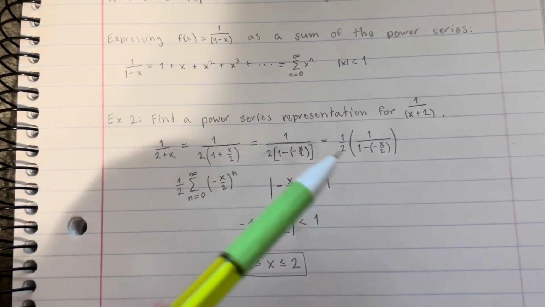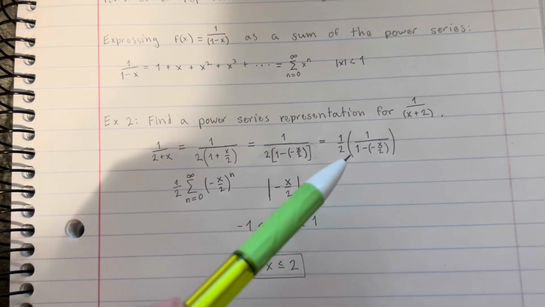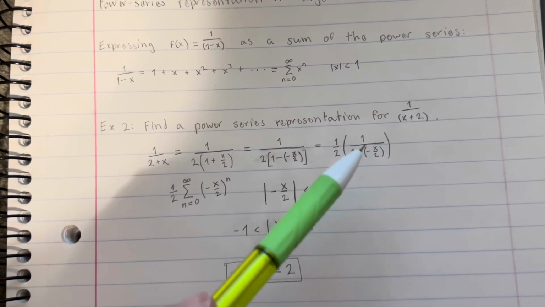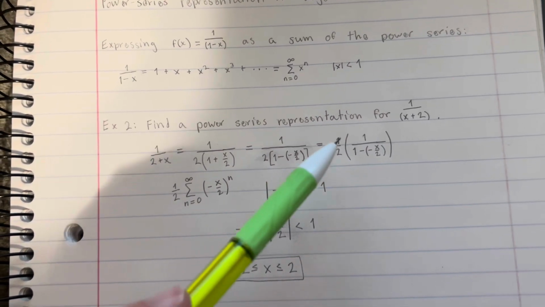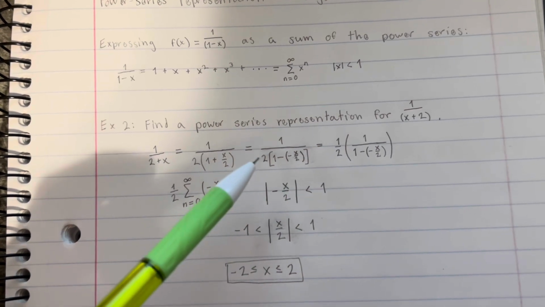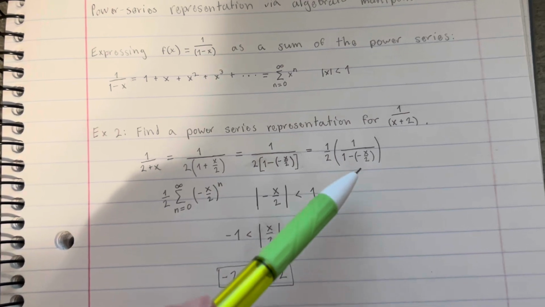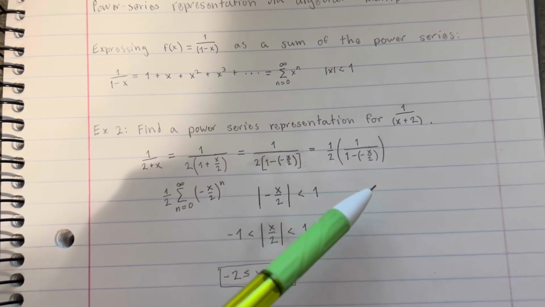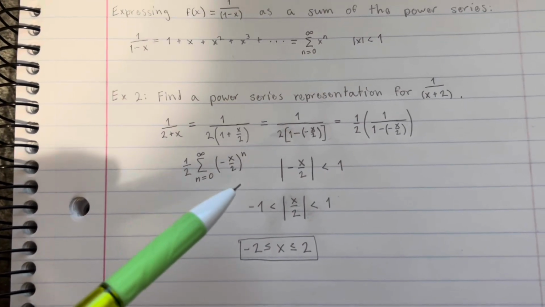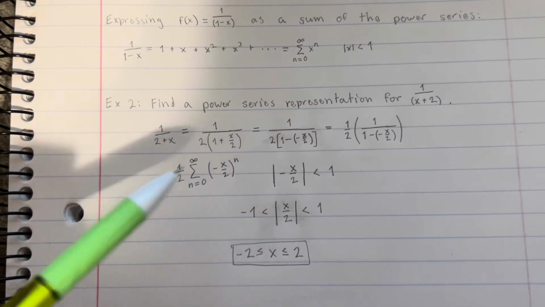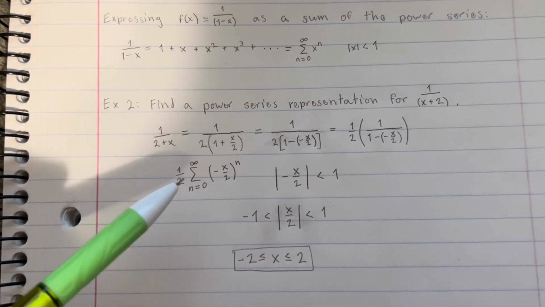And we can act like 1 over 1 minus x over 2 is being multiplied by a 1/2, so we can just pull the 2 and the 1 out from here, and so we get this. And now we have our x term by itself, which we can now plug into a series by just putting it to the power of n, and we still have to keep this 1/2 out here.